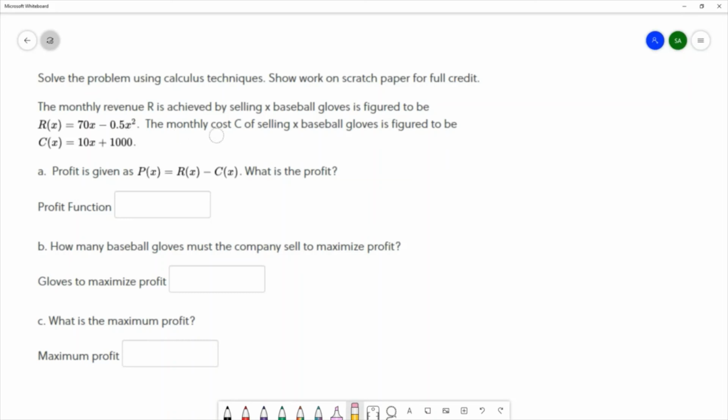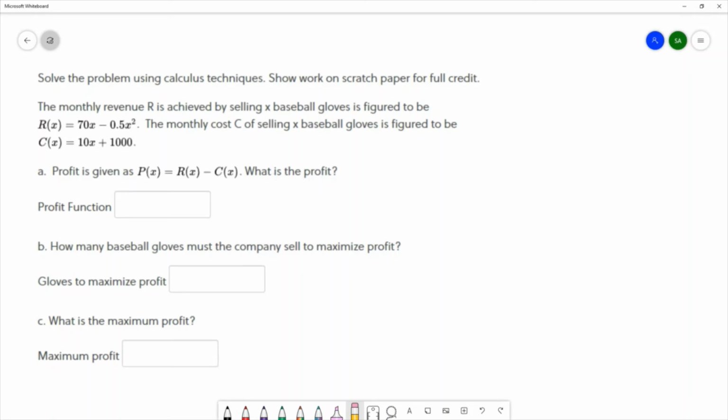The monthly cost of selling X baseball gloves is figured to be C of X equals 10X plus 1,000. Profit is given as R of X minus C of X. That's revenue minus cost. What is the profit?